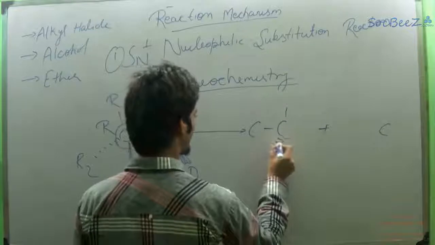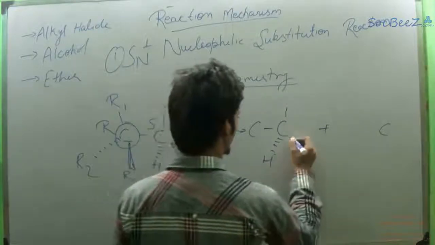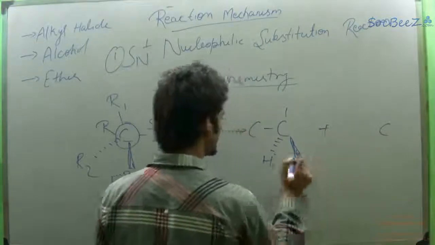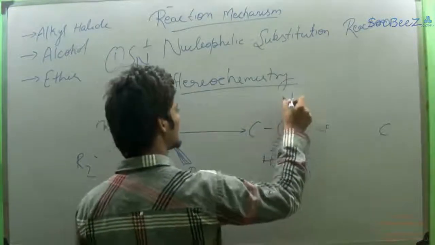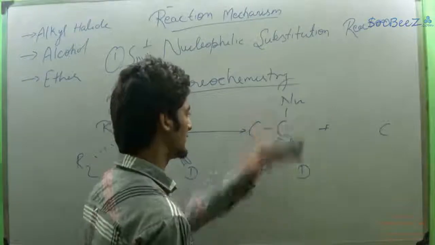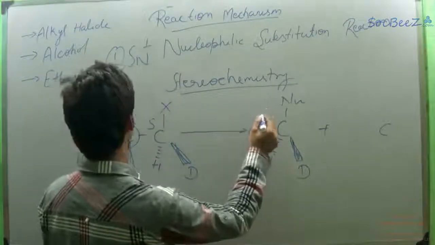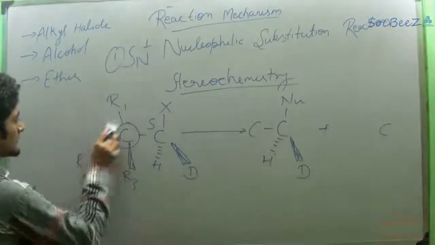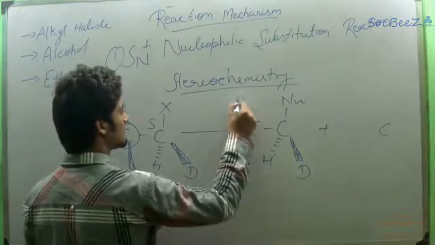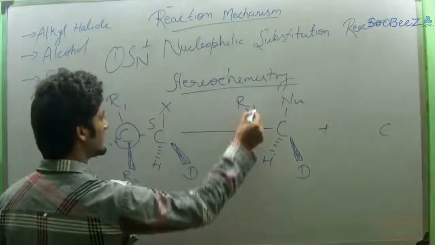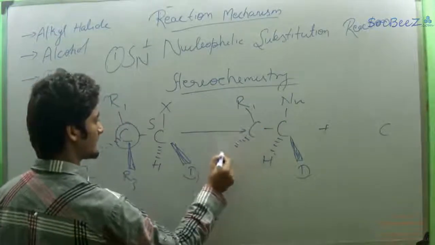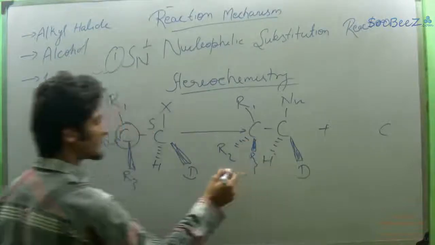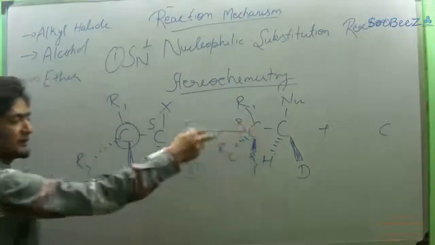Let's say H, D, and the nucleophile in this case is here, and this carbon is still the same, with R1, R2, R3, and the configuration is still R because this carbon is untouched.